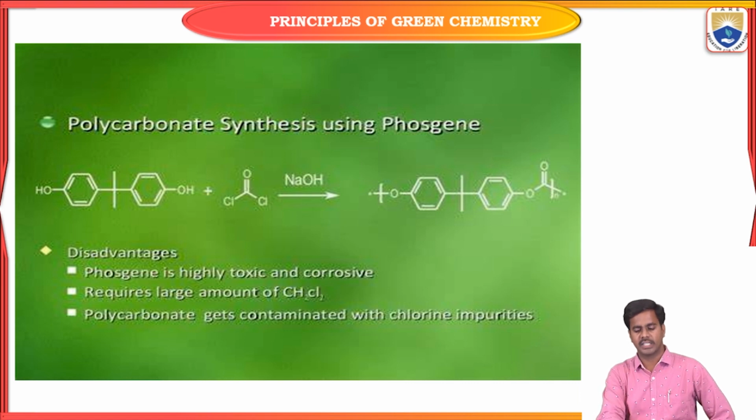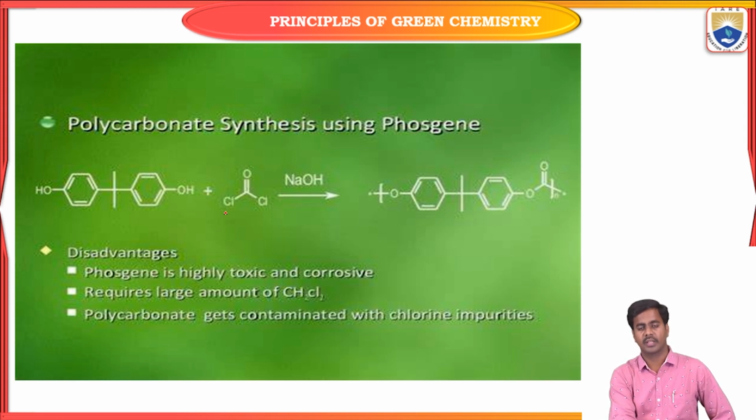For example, the synthesis of polycarbonates by using phosgene. Here, phosgene is highly toxic and corrosive, and it requires a large amount of chlorine.